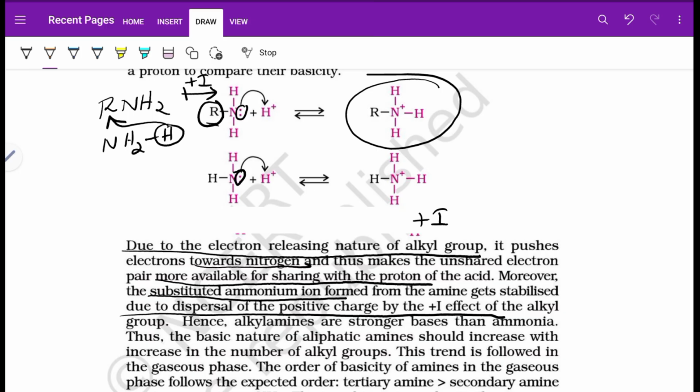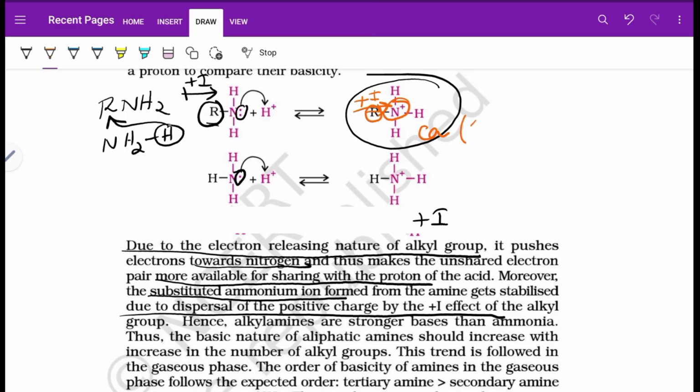Just now I said any factor that increases the positive charge causes destabilization, and any that decreases the positive charge over nitrogen causes stabilization. This R group has plus I effect, for which the electron density over the nitrogen atom increases, and this is the conjugate acid, for which the base is stronger.